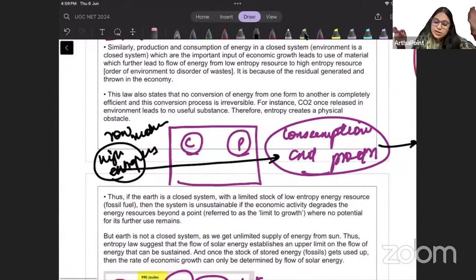But in converting from high entropy to low entropy, इस पूरे process में a lot of energy gets lost. मतलब जितना हम raw material लेंगे उसमें बहुत ज्यादा wastage create हो जाएगी before the final good can be created. So a lot of residual would be processed. A lot of waste will be processed in this process. ये नहीं है कि जितना raw material we collect पूरा का पूरा final good में convert हो गया.